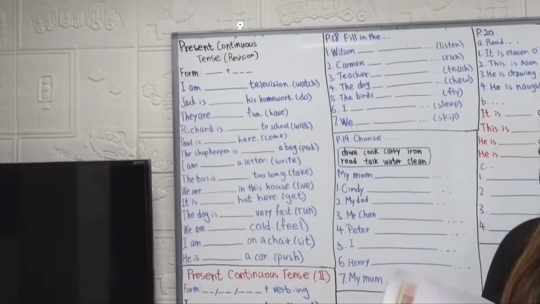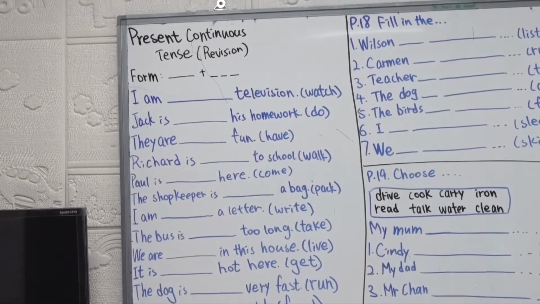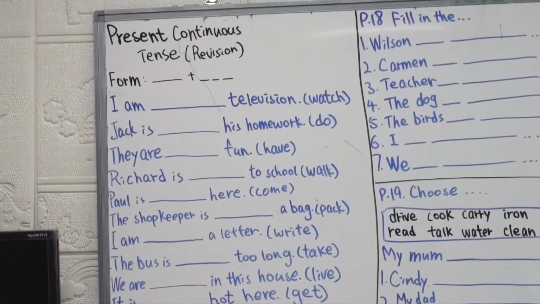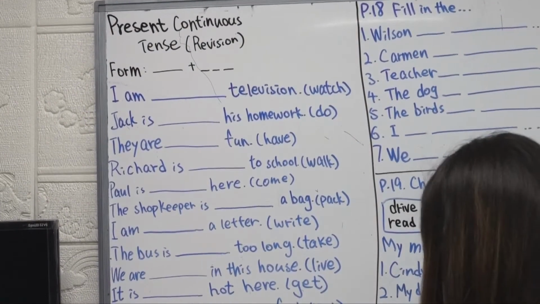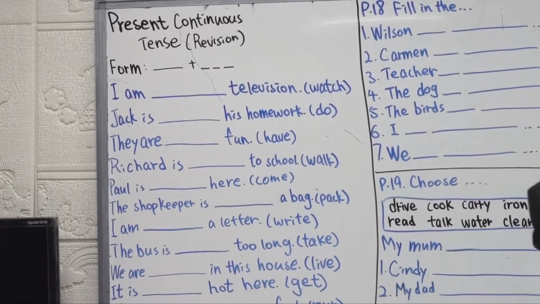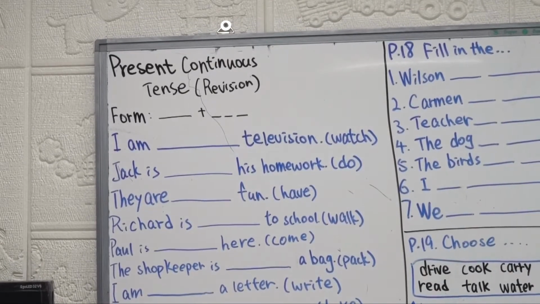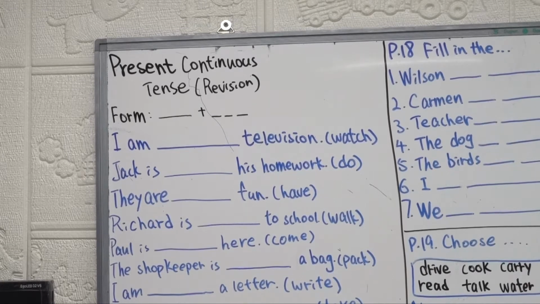So how do we form present continuous tense? Any idea? How do we form that? The way we form that is, remember I told you we use a verb in every tense, right? So basically, how do we form present continuous tense?